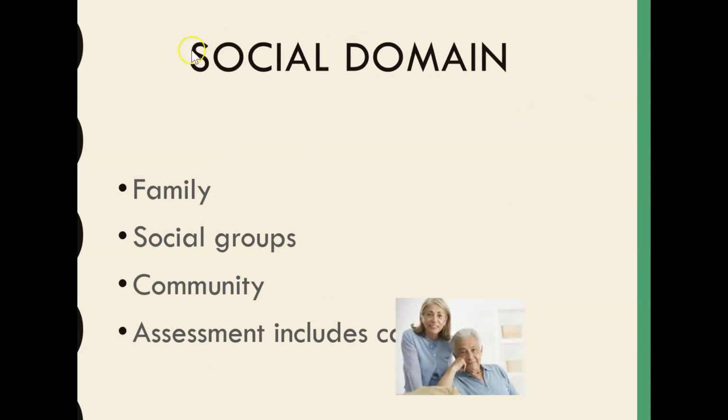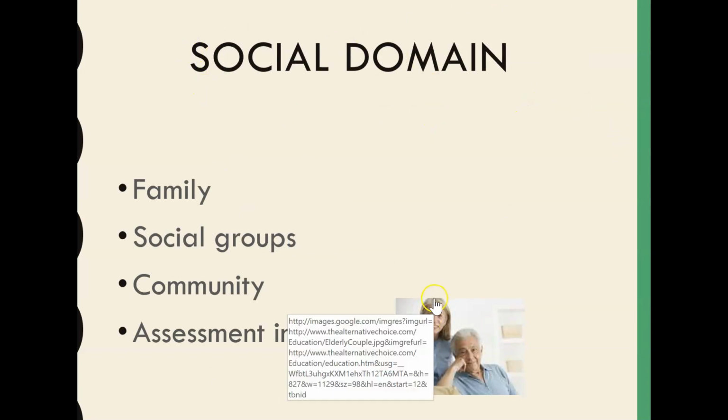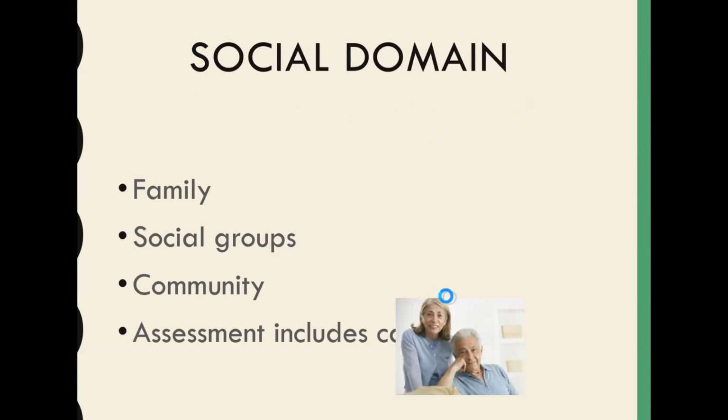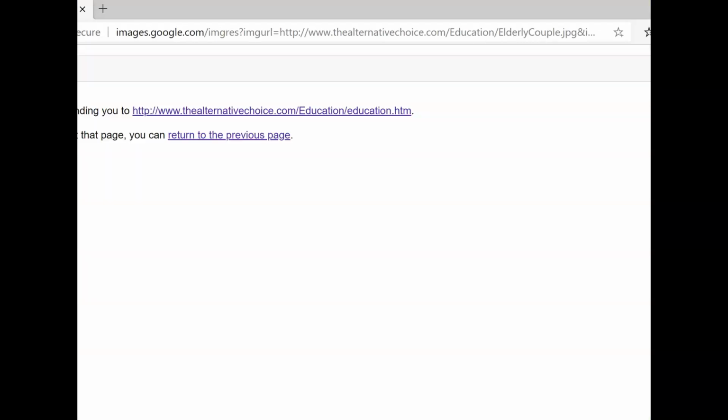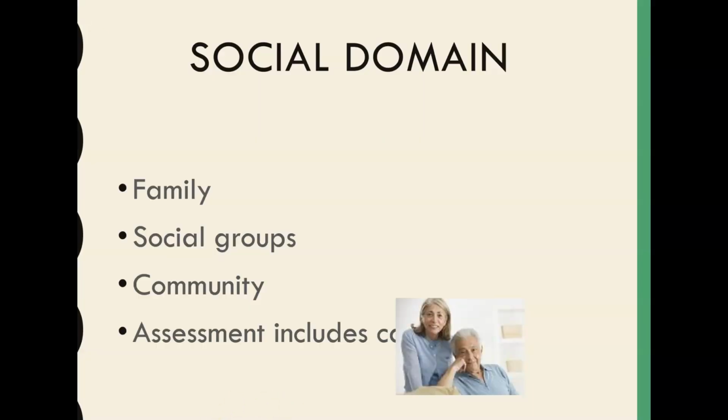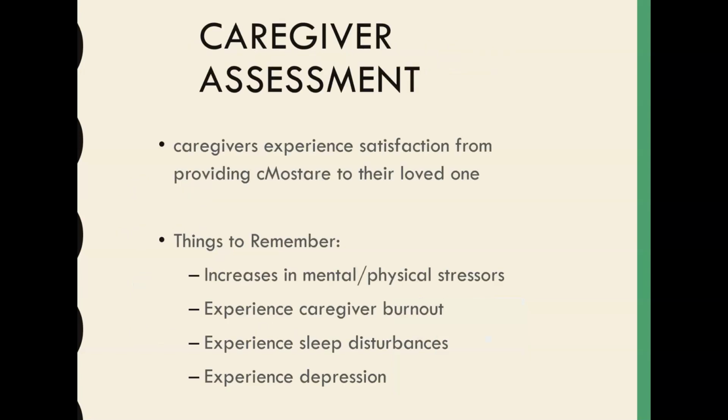So you want to look at their social domain because it can affect the person. You want to look at whether or not a person is able to go out in the community, have social groups, and that type of thing, because that affects whether or not they're depressed.